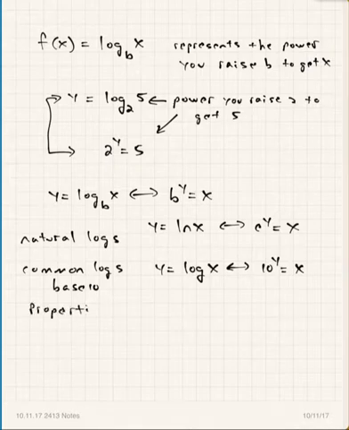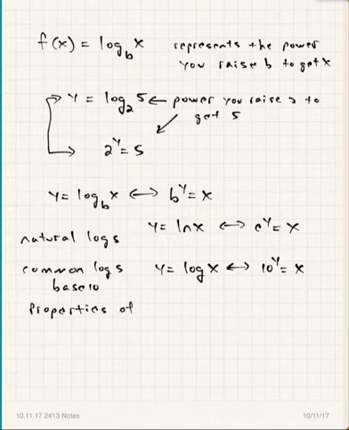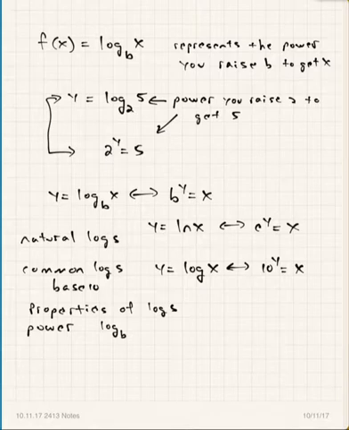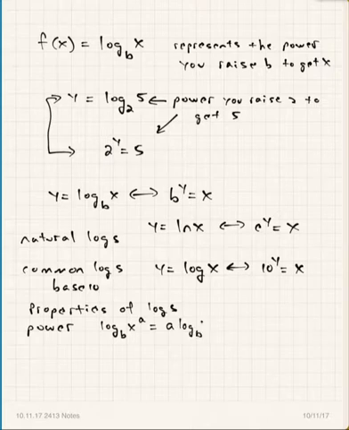Finally, there are some properties of logs that are important for us as calculus students. You have the power property or power law for logarithms that says logarithm base b of x raised to the a power is a times logarithm base b of x. That a power can be written in front of the logarithm as a factor.